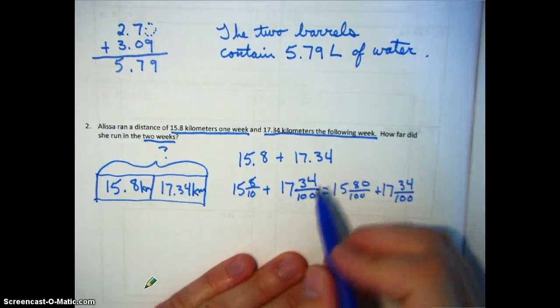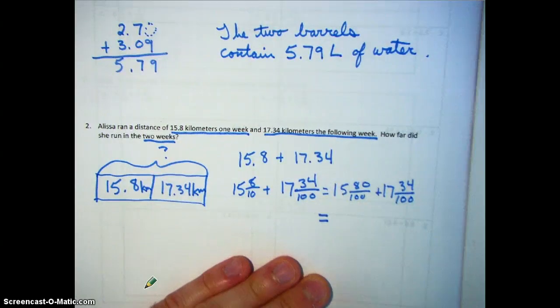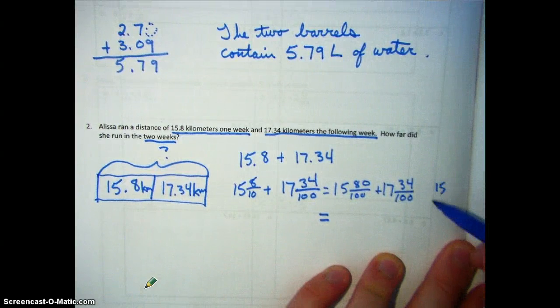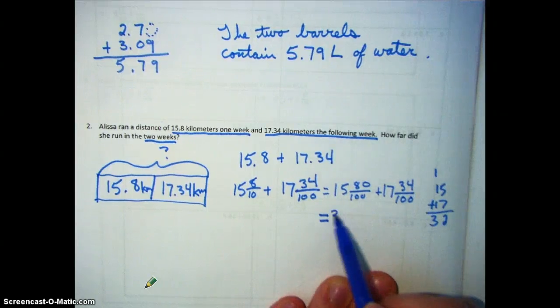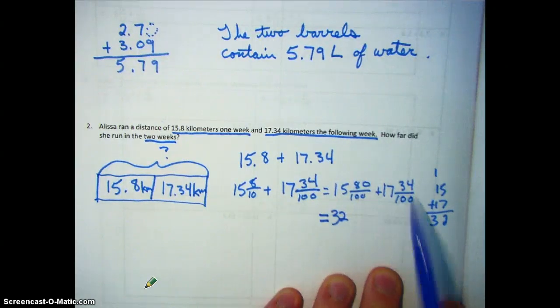So now when we go to add, we know that 15 plus 17, okay, 5 plus 7 is 12, and then 1 plus 1 plus 1 is 3, so we get 32 ones. Okay, now we add up our hundredths, and we see that we have 80 plus 34.